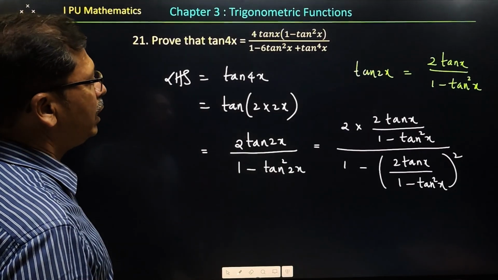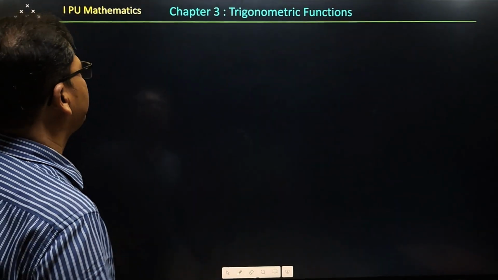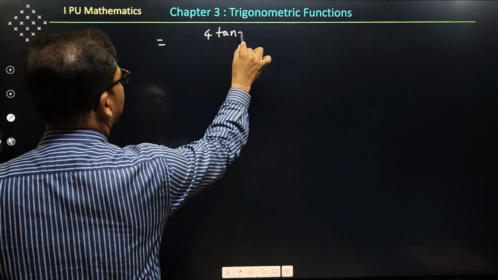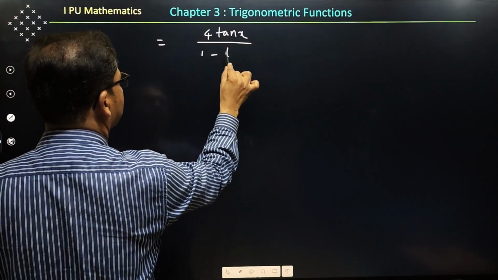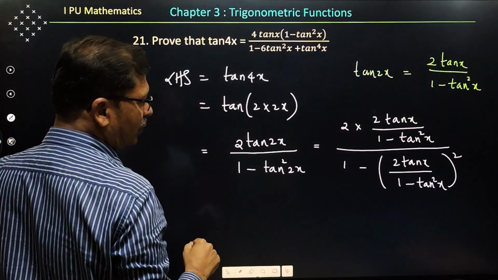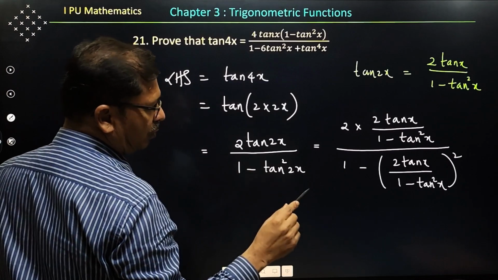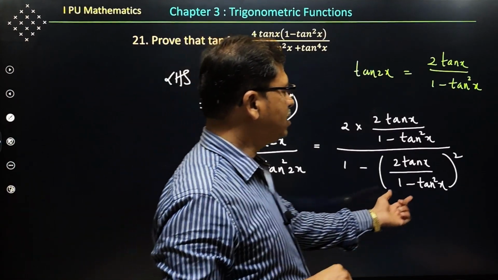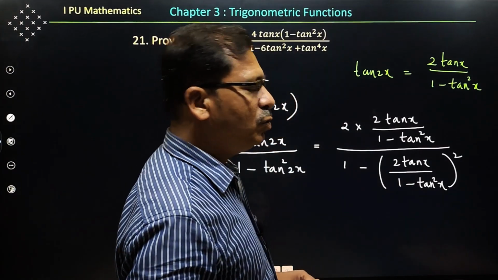This is equal to 4 tan x divided by 1 minus tan square x, and this is one thing, and then divided by 1 minus tan square x to the power 2.